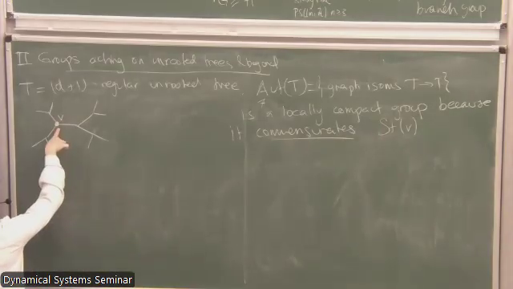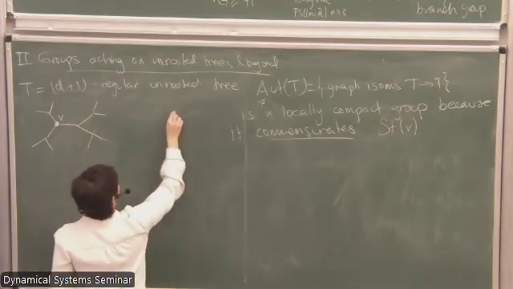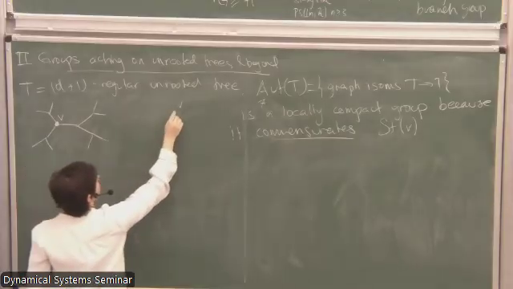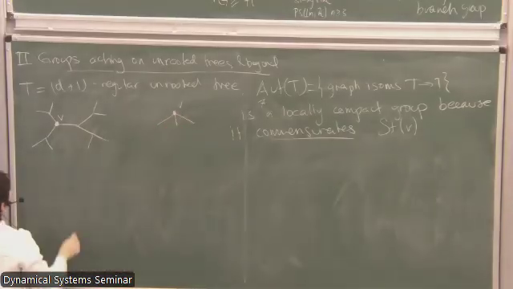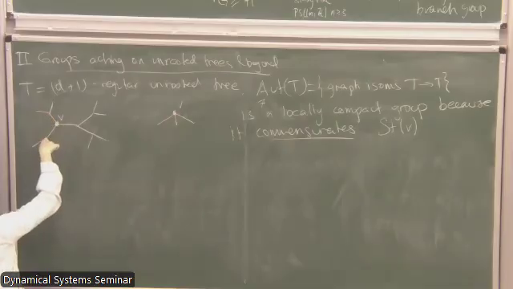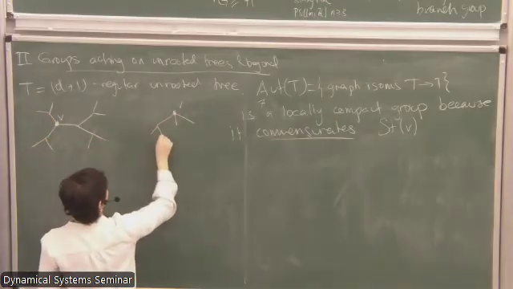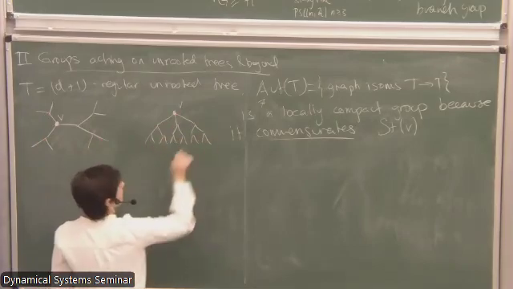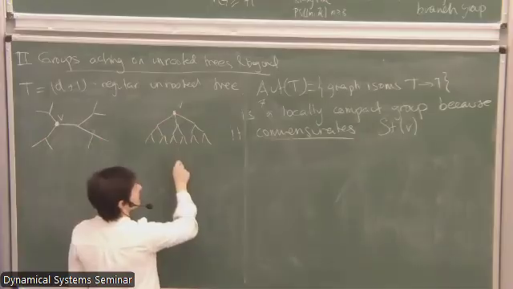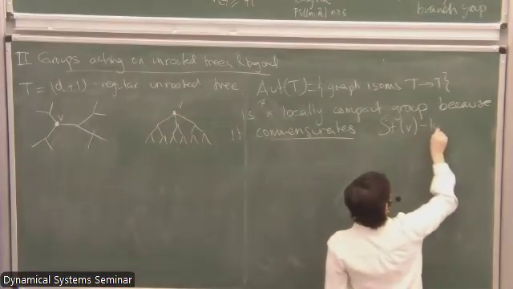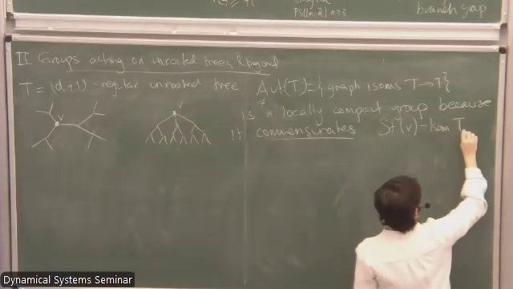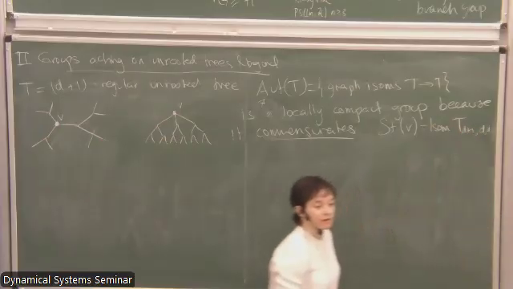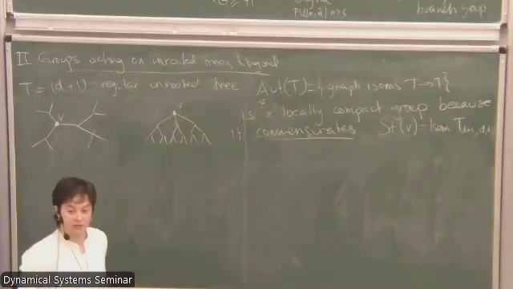If I look at everything from the point of view of this origin, well, there are 3 edges coming out, and out of each of those 3 edges, there are 2 edges coming out. Aha, so this is the isometry group of the tree of type D+1, D, D, D, D, D. So it's one of these branch groups.